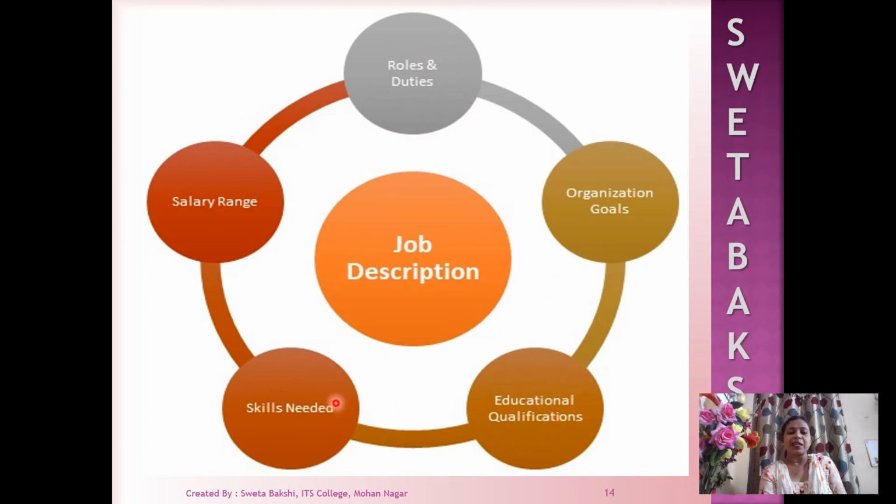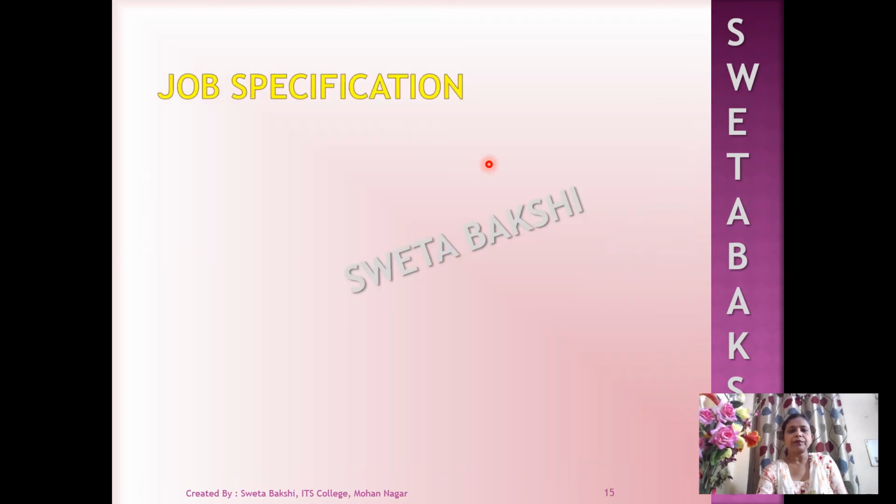What are the basic skills needed to perform these roles and duties in the organization? And what would be the exact salary given to the person who is going to perform this particular task? So this is how we have understood the area of job description and how we have to find out the different roles and their qualifications and skills.